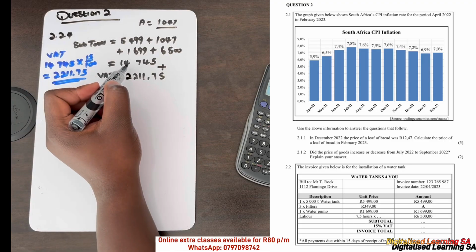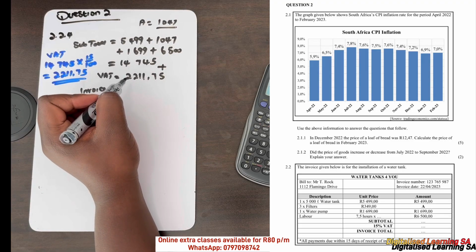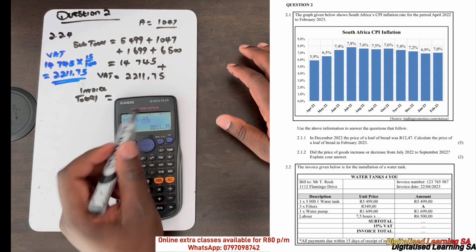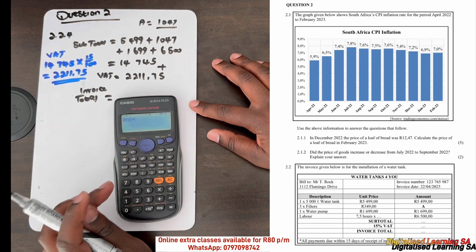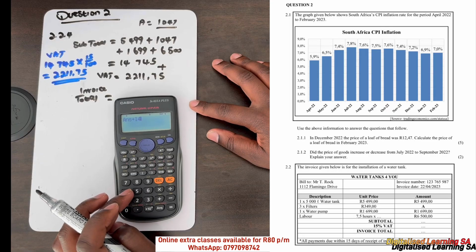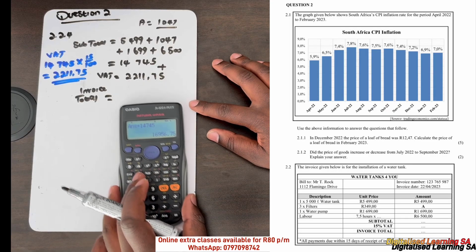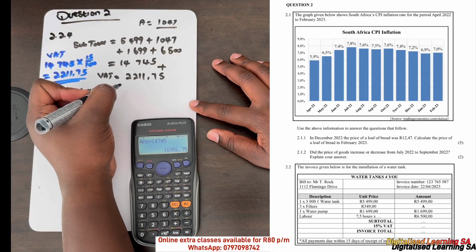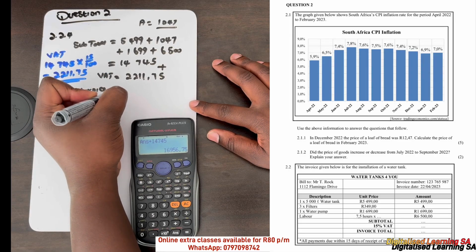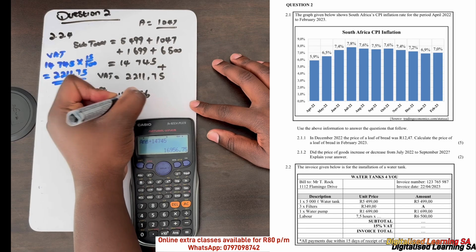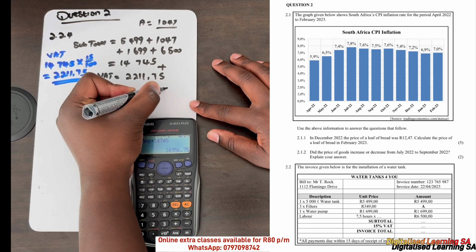Okay, so it's 14,745 plus 2211.75. So we just add our subtotal to our VAT, 14,745, and our final answer will be 16,956.75.